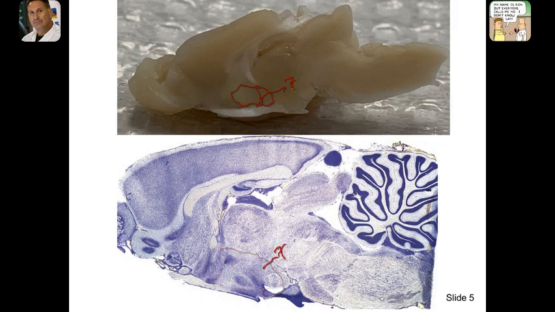The third ventricle has been taken off here, but it would be outlined here and here.